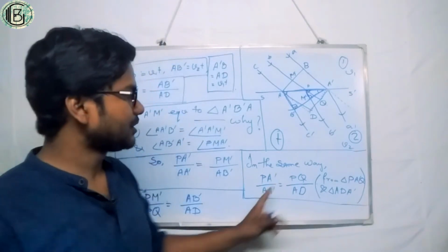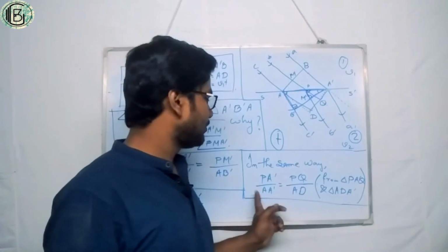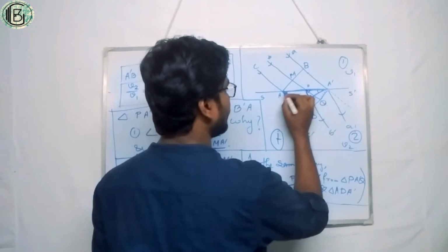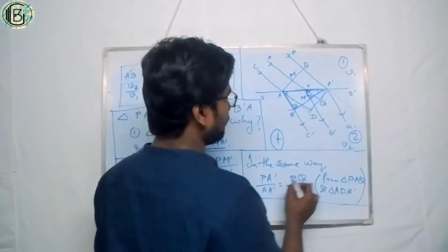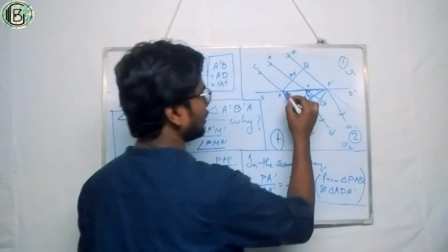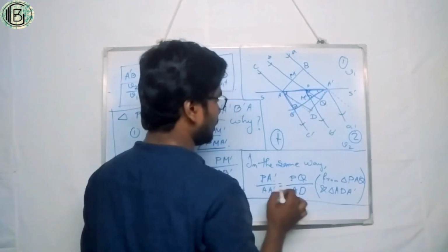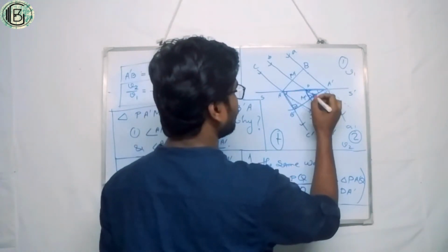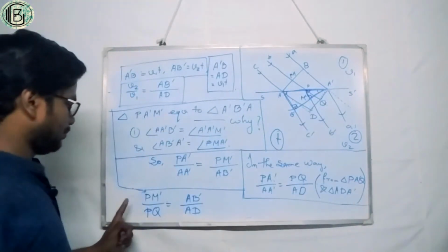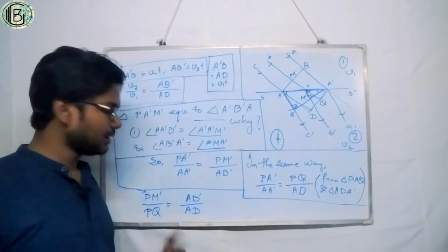So here also we can say that P A prime by A prime equal to PQ by AD. So we can write P M prime by PQ equal to AB prime by AD.